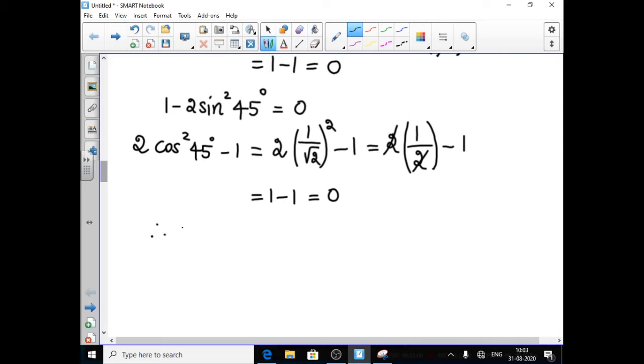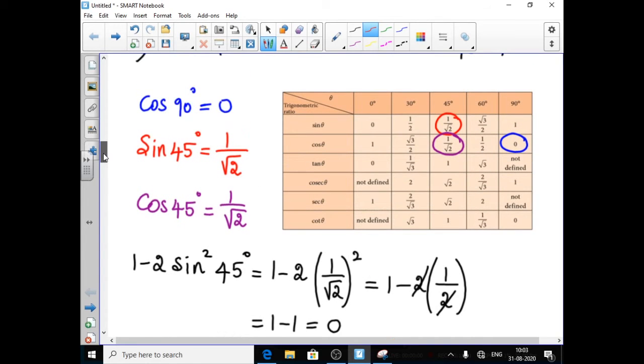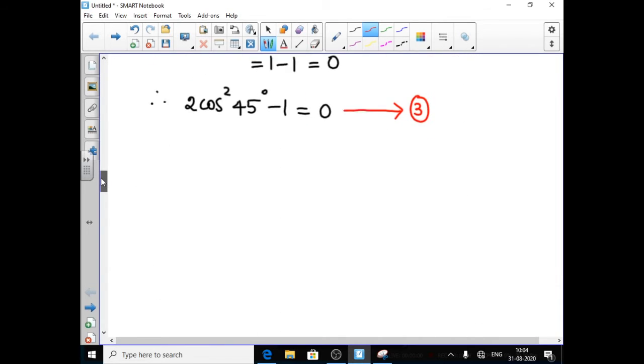Therefore 2 cos square 45 degree minus 1 is equal to 0. So you can take it, this is the third one, this is the second one and this is the first one. So from 1, 2 and 3, all of them get 0.